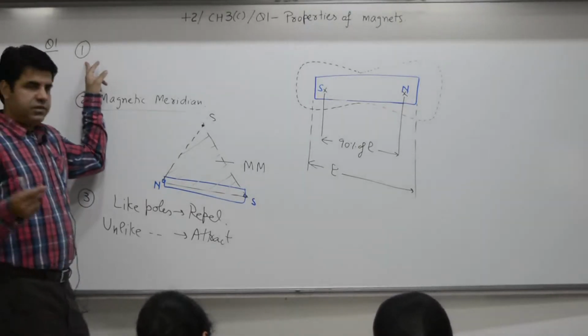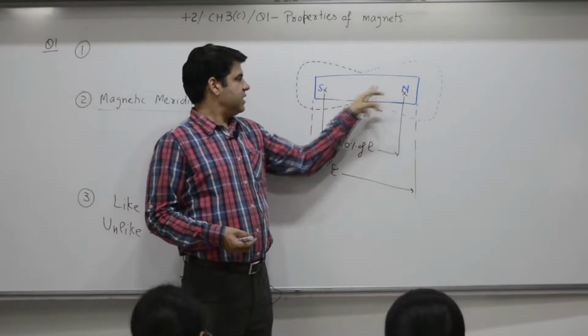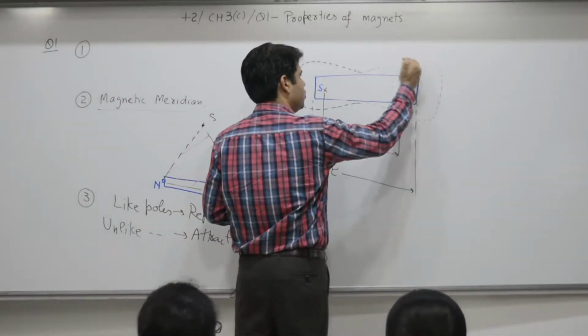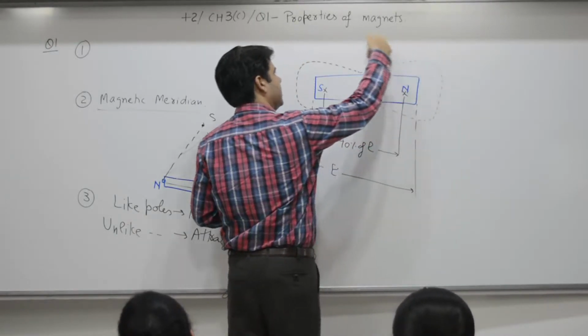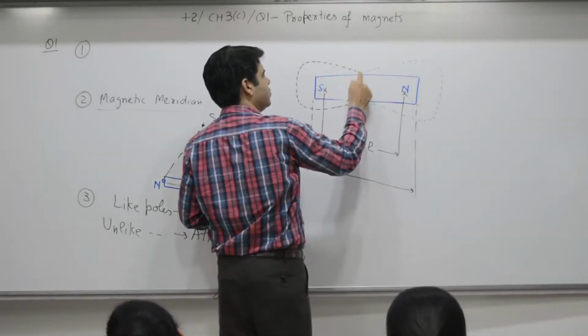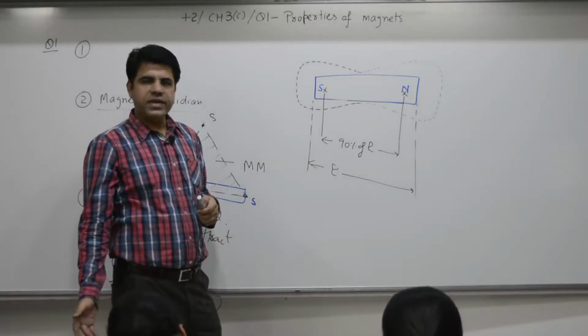First point, for those who are late, you can have an idea again. North face, south face, the effect is maximum nearby the poles. If you bring a north, north will repel north. If you take this north, here south will attract. That means in between the two you have a point where the magnetic field is almost 0.